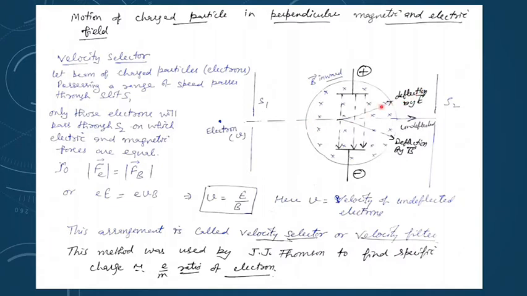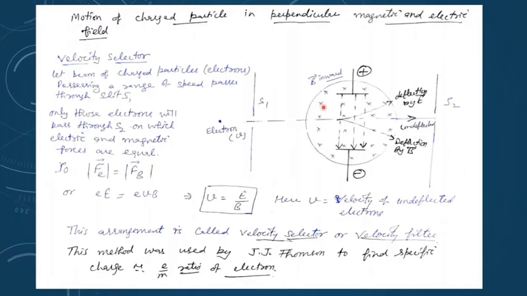Because of the electric field, it is going to get deviated, and the deflection S I can calculate by using the second equation of motion, and the acceleration can be calculated. The electric force is given by eE, the electronic charge into the electric field, while the magnetic force is given by evB.